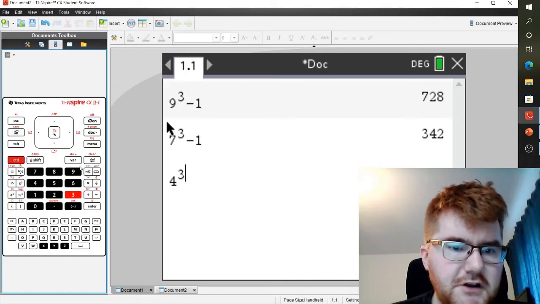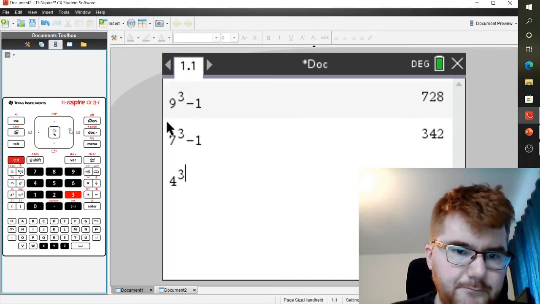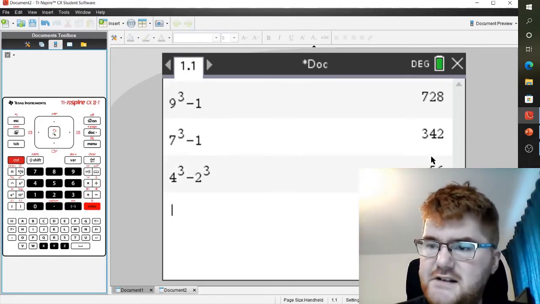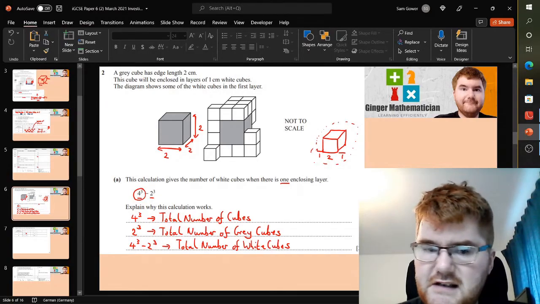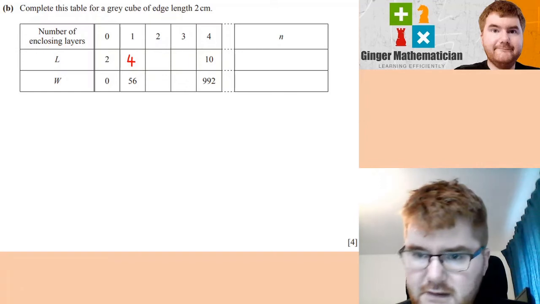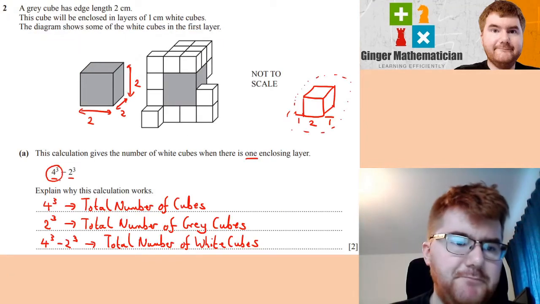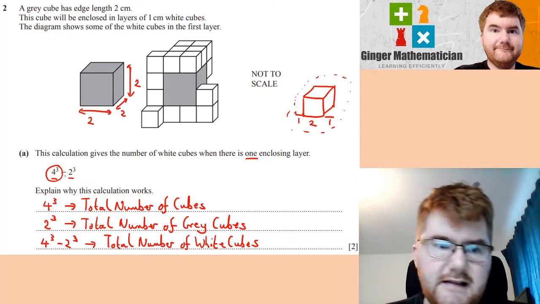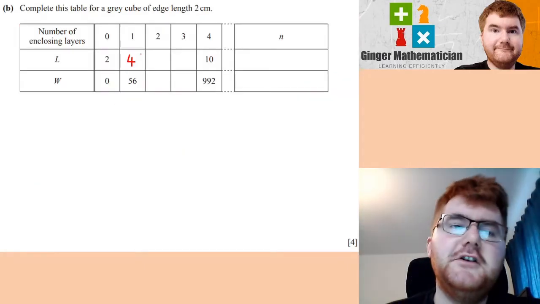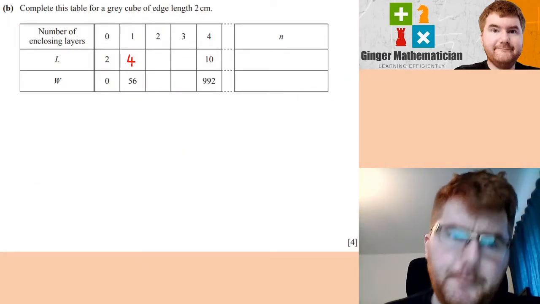If I do 4 cubed, notice this is the cube button over here. Minus 2 cubed, like so. This gives me the answer of 56, which you'll notice is the answer already given in the table here. Okay, so that calculation we did earlier, 4 cubed minus 2 cubed, that's equal to 56. That is the total number of white cubes with a length of 4.